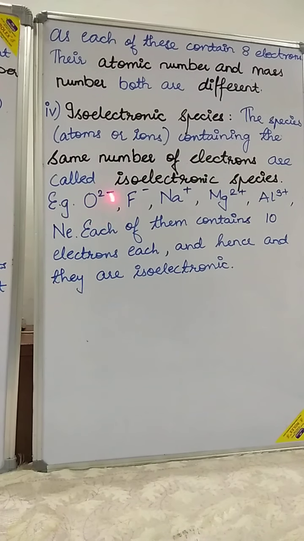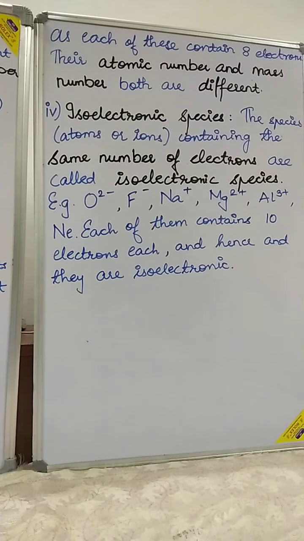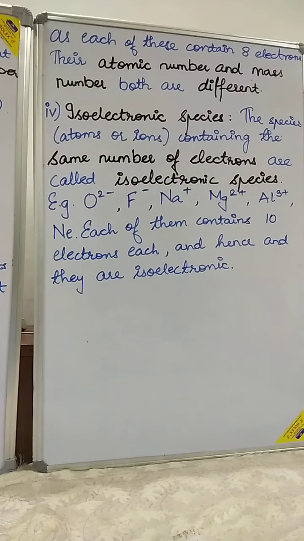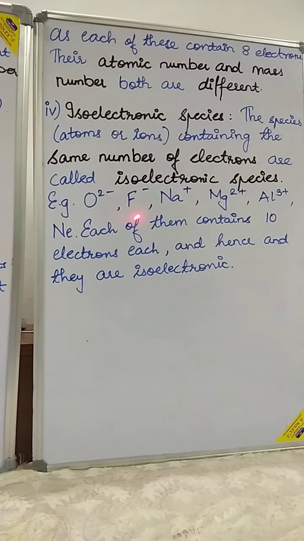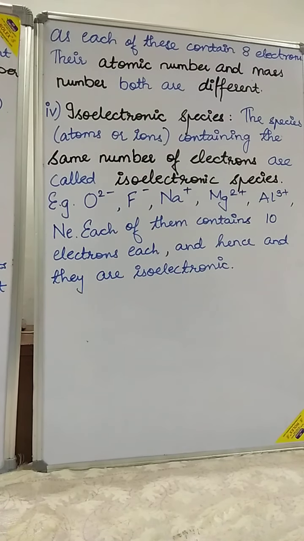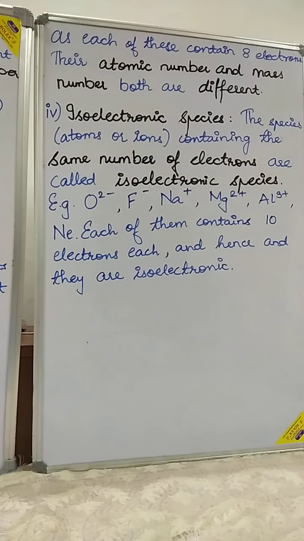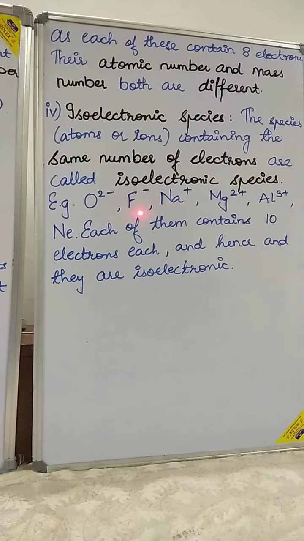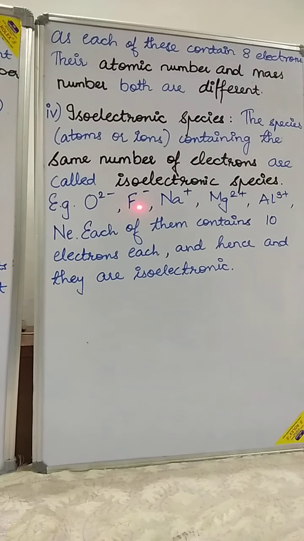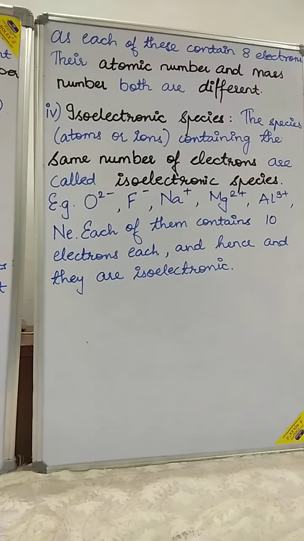When it forms oxide anion, the configuration becomes 2 and 8. That means total number of electron becomes 10. Students, F negative, you know that atomic number of fluorine is 9. 1 negative, that means total number of electron becomes 10.